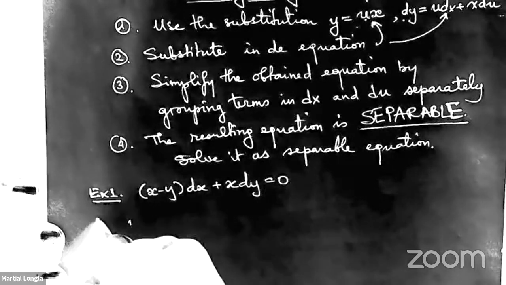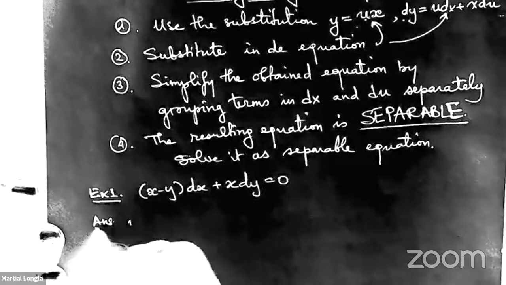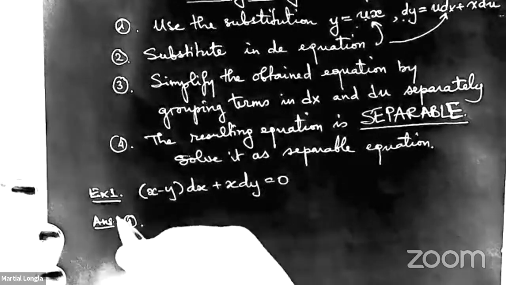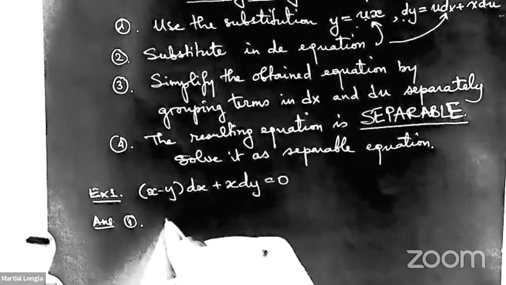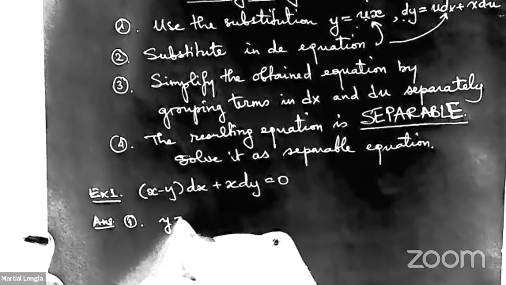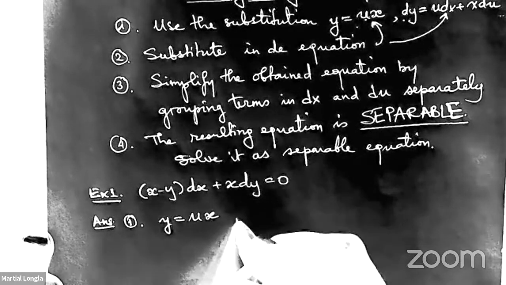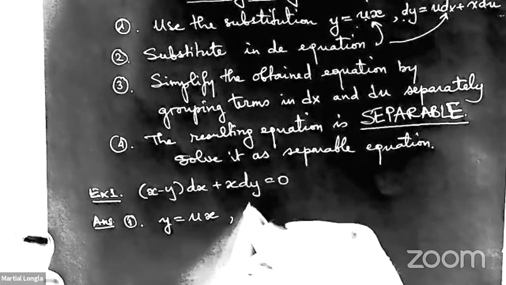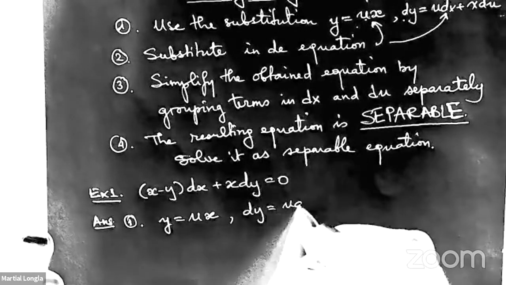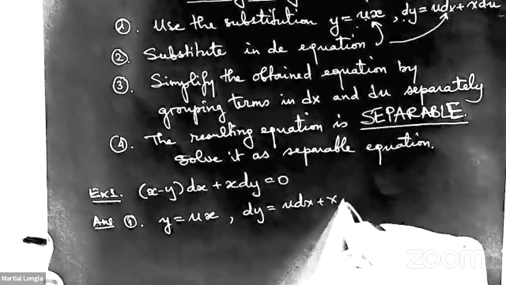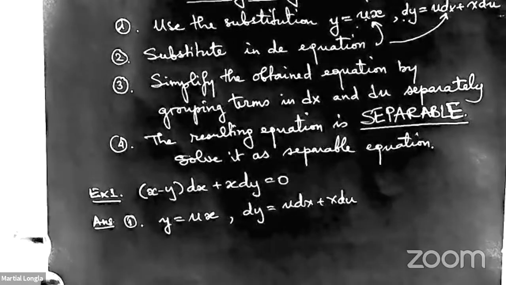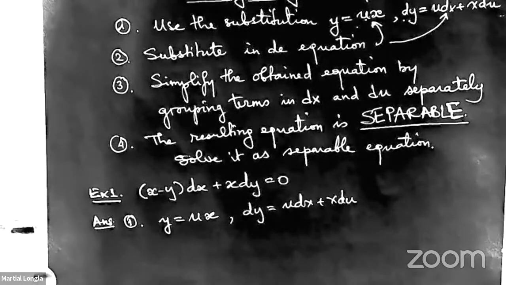And we go by that first step. It says use that substitution. So it's always going to be this same substitution, y equals ux, dy equals u dx plus x du. First step is always the same, no matter what the problem is. Nothing is going to change on that first step.